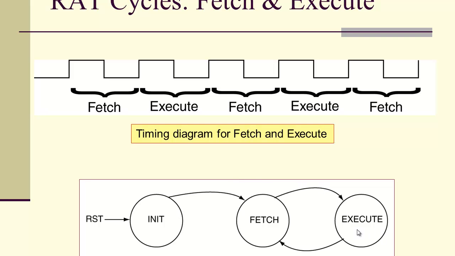So in order to do those different things, we need to give different commands in the execute state depending upon which instruction we want to use. So I'm going to go over an example that shows you how we go through this state diagram in a simple program.